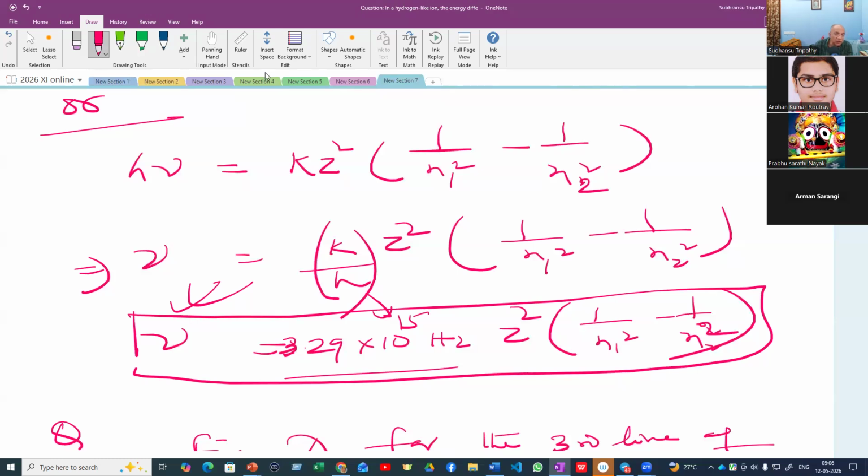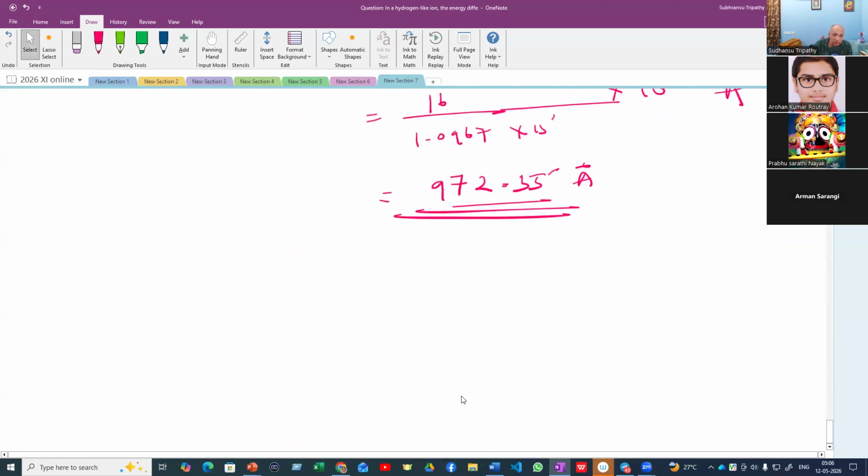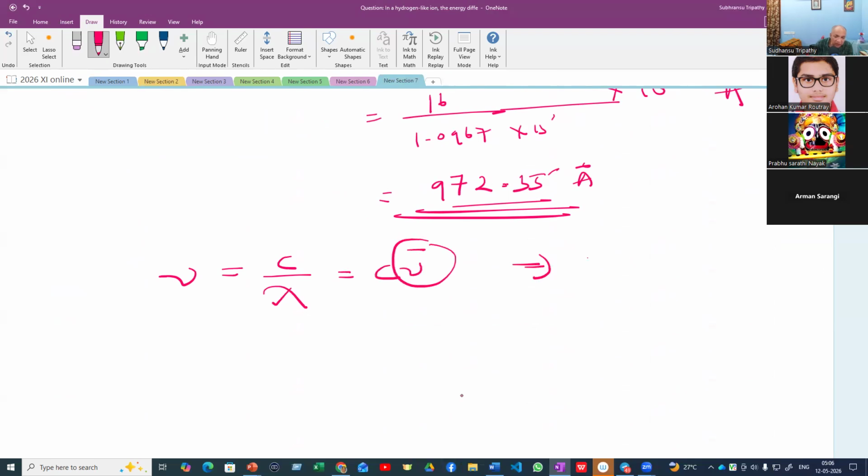Or you can find nu bar and correlate nu bar and nu, because nu is equal to c by lambda, and 1 by lambda is equal to nu bar. So nu is equal to c into nu bar. Once you find nu bar, you simply multiply c with nu bar to get nu.